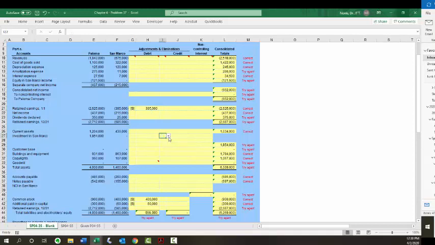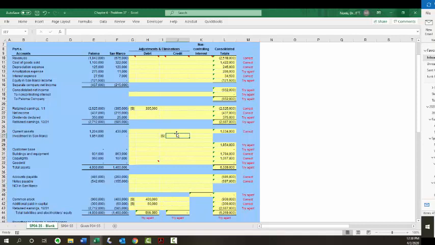The S entry. The S entry credits are going to be split. There's going to be an entry in the investment account, and then there's also going to be an entry down here in this non-controlling interest in San Marco.